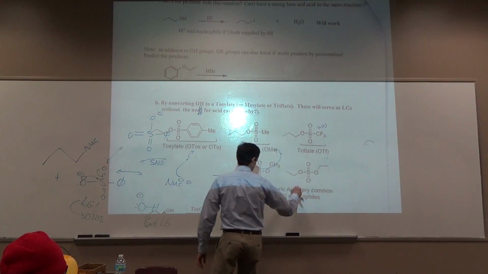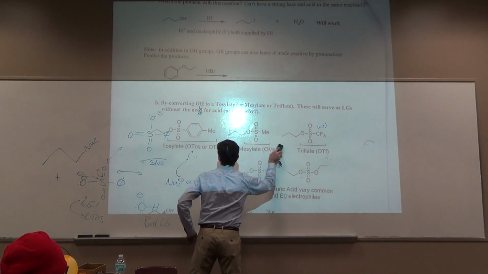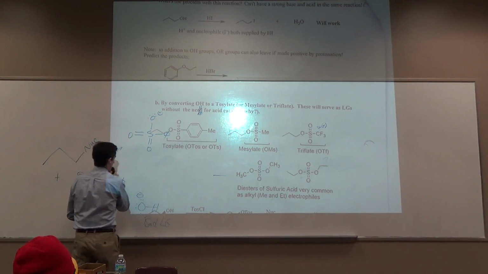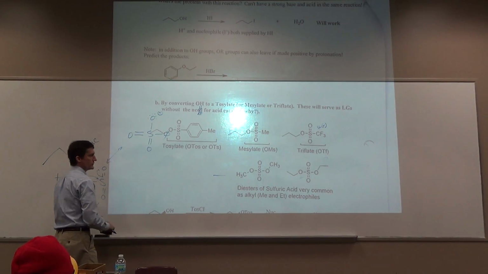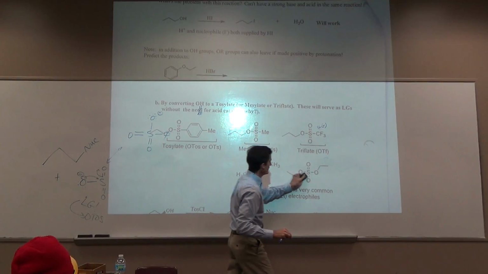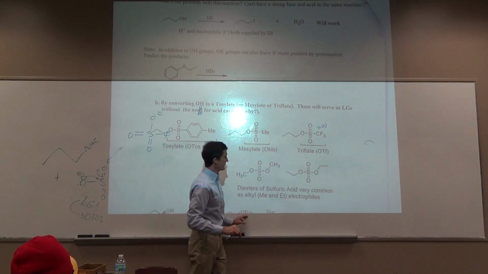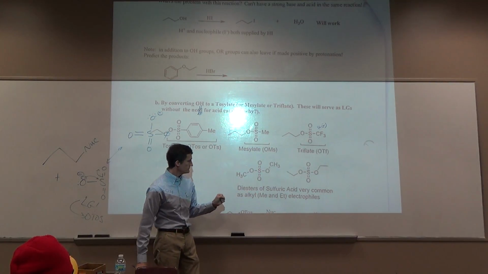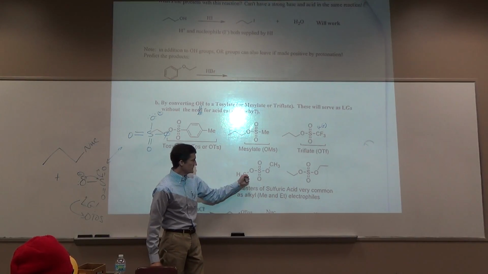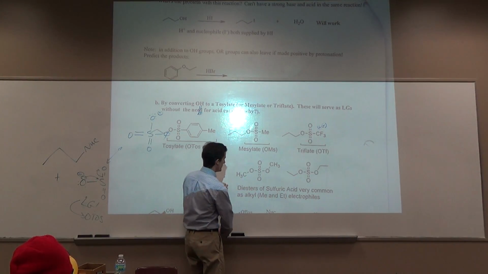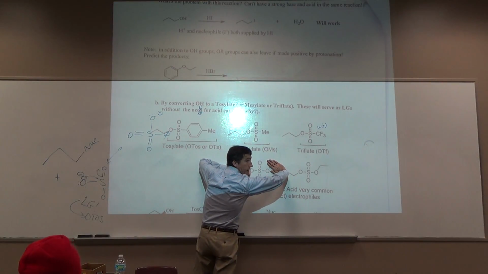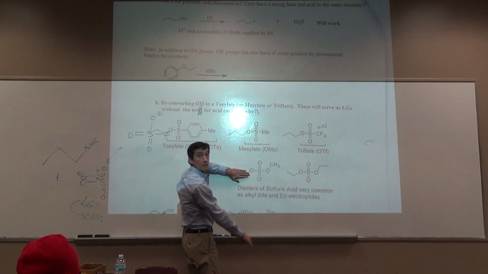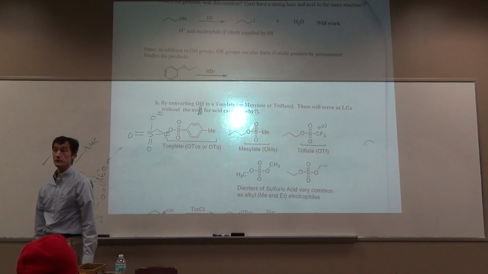Let me show you these two. A very common reagent and a variation of it is this. Now, if under my hands was H's, what would that be? That'd be H2SO4, the sulfuric acid.